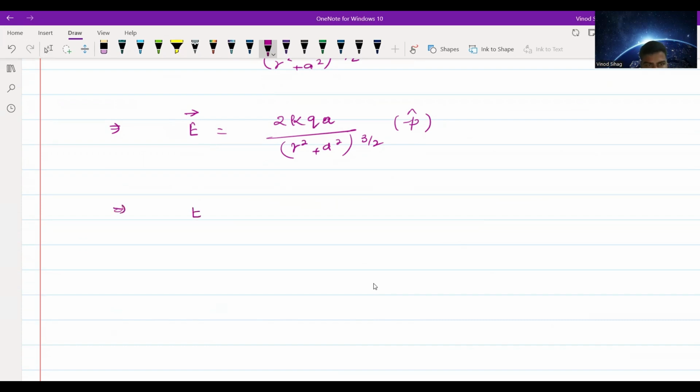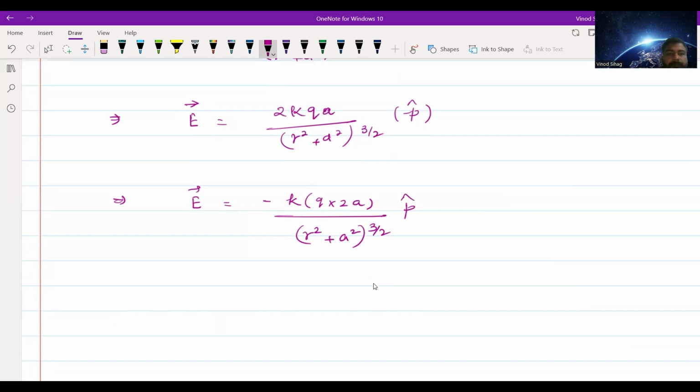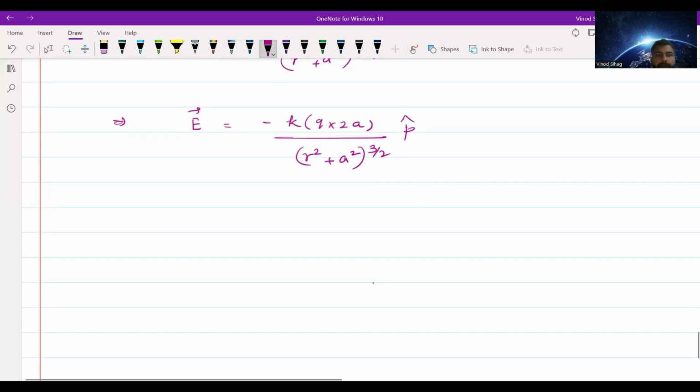So E vector equals to, minus sign will come out and you will get k into q into twice of a. kq के मल्टीप्लाई में 2 into a, so it will become r square plus a square and its power is 3 by 2 p cap. Now as we know very well that dipole moment is q into twice of a into p cap.